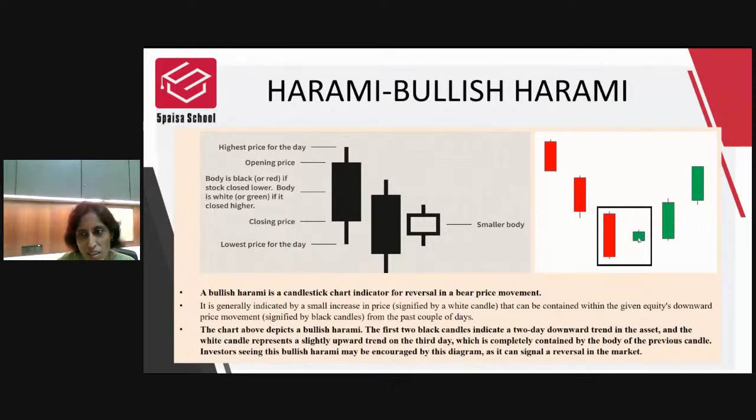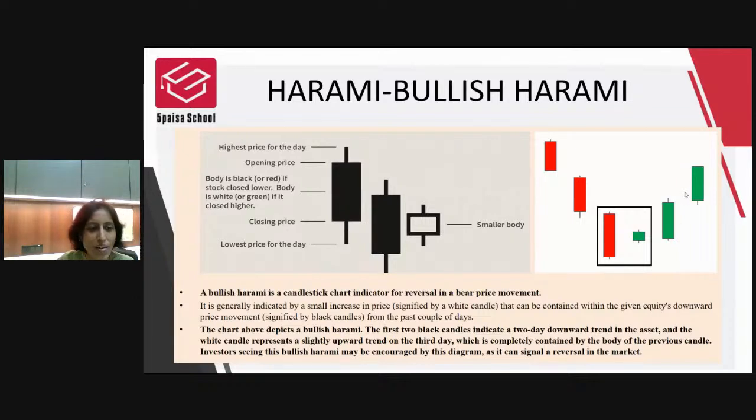The moment you see these two candlesticks which are bearish, and then the green real body, and of course a little bit of gap which is also witnessed, from there on the markets move upwards.